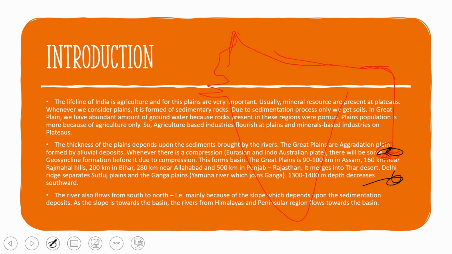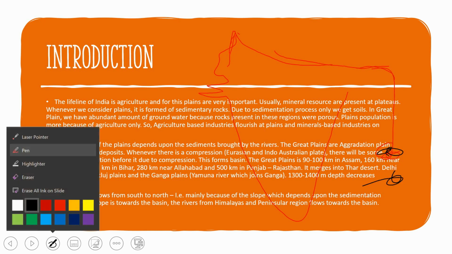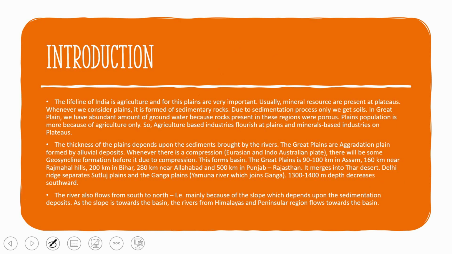See what happens when you create pressure between two things, one coming from this side and one from this side. What will happen when these two things collide together? One will go upward or one will go downward. Only these two scenarios can happen, or both will go upward.